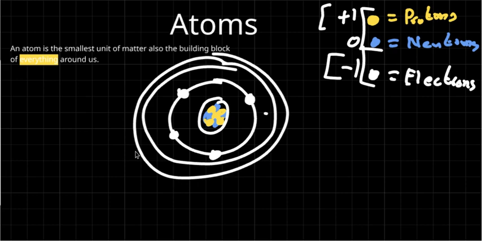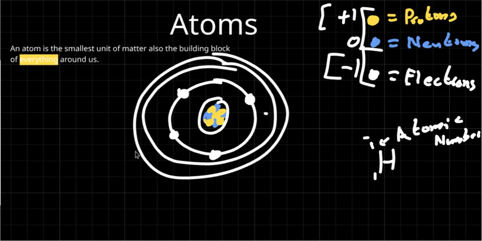Now let's talk about the atomic mass number. You may have looked at a periodic table. Let's take, for example, hydrogen. You may have seen that it's written as 1 and 1. Let's break down what that really is. This top one is known as the atomic number.